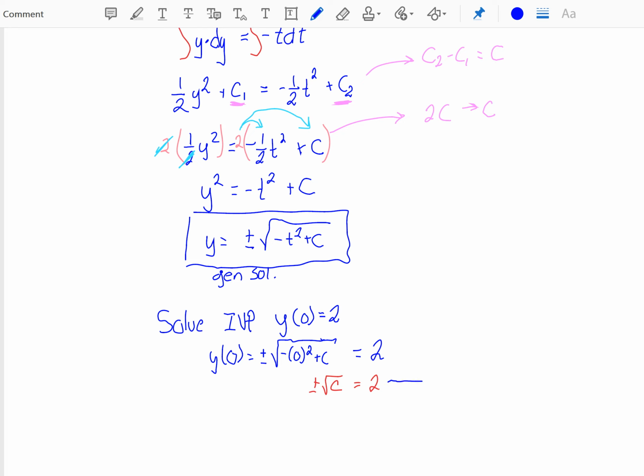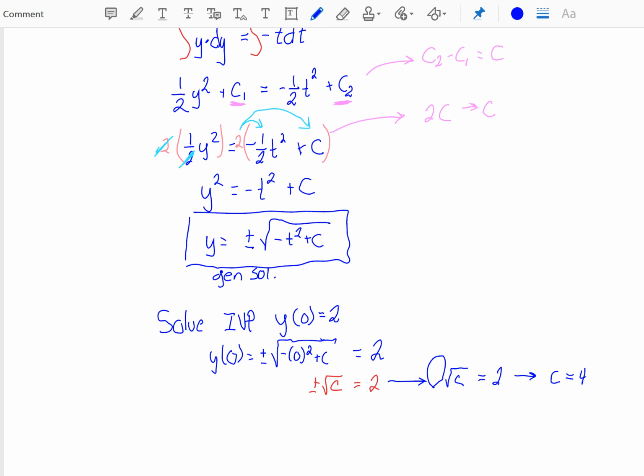Considering what we have here, we actually only have one value. There's only one number that when you take the square root gives you 2. And we won't keep the plus or minus in front, because if it's minus, then we won't get negative 2. This tells us we really want just square root of c equals 2, which tells us c has to be 4. And we are going to be using only the positive root in front.